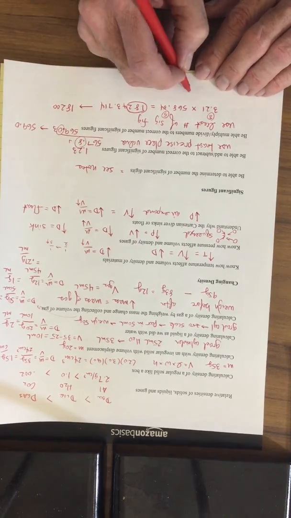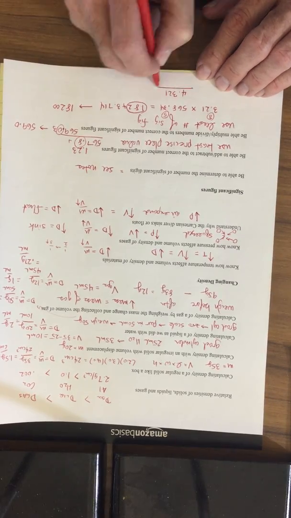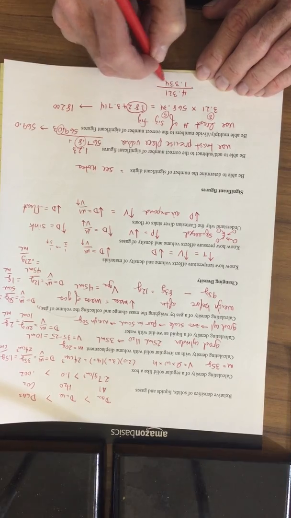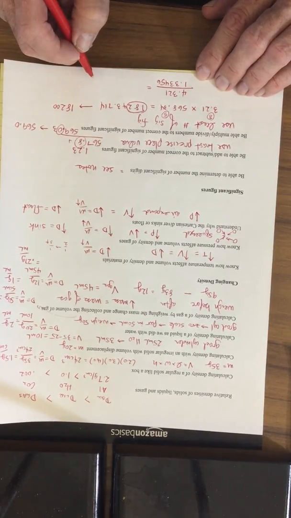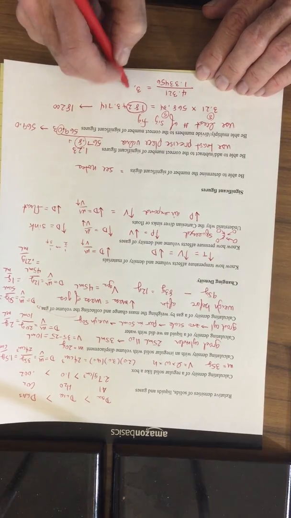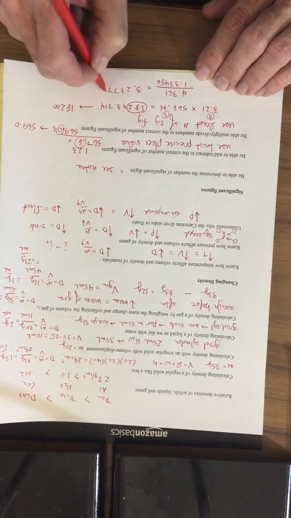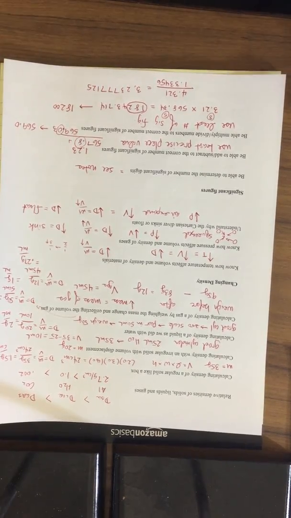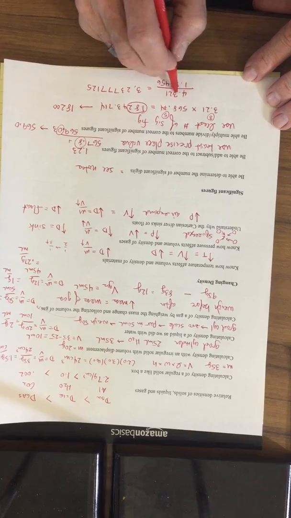Let's do division. If I have 4.321 divided by 1.33456. If I plug this in my calculator, I get 3.237777125. So I've divided this on my calculator, I've gotten this answer, but now I need to count the number of significant digits. 1, 2, 3, 4.